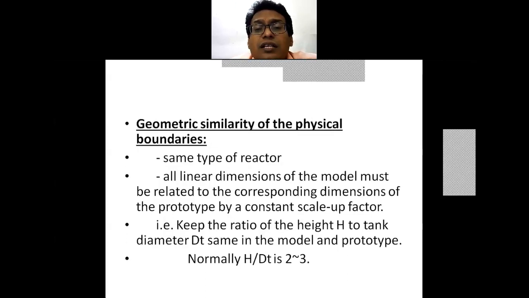Then, for geometric similarity of physical boundary, the same type of reactor is used. We generally scale up a simple batch type reactor. Then all linear dimensions of the model must be related to the corresponding dimensions of the prototype by a constant scale up factor. So we first have to calculate the scale up factor for this purpose.